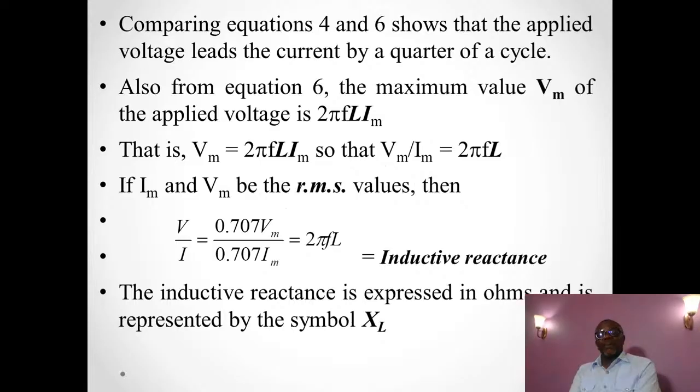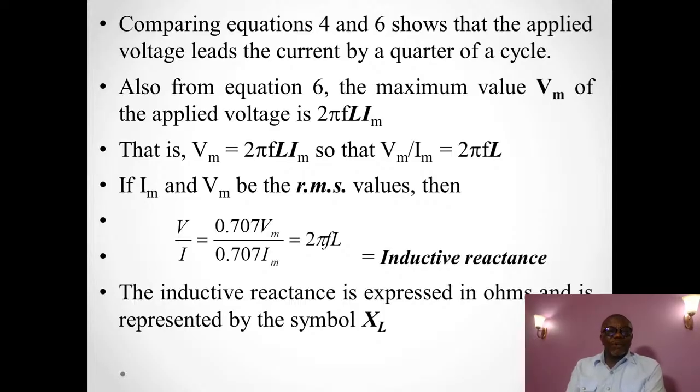So now, if we compare equations 4 and 6, we will see that the applied voltage leads the current by a quarter of a cycle. And from equation 6, the maximum value Vm of the applied voltage is 2 pi fLIm. That is, Vm is equal to 2 pi fLIm, where Im is the maximum value of I. So that Vm over Im will give us 2 pi fL.